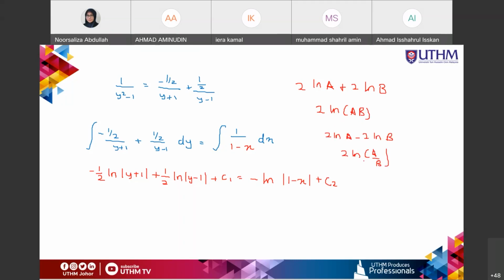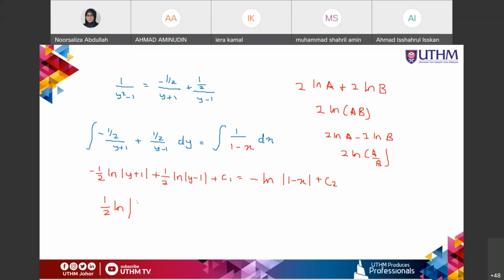Okay? So, yang ini kita boleh susun kan? Sama konsep mengenai yang ini kan? Jadi, setengah ln. Yang mana ke atas? Y minus 1 or y plus 1 ke atas? Y minus 1.